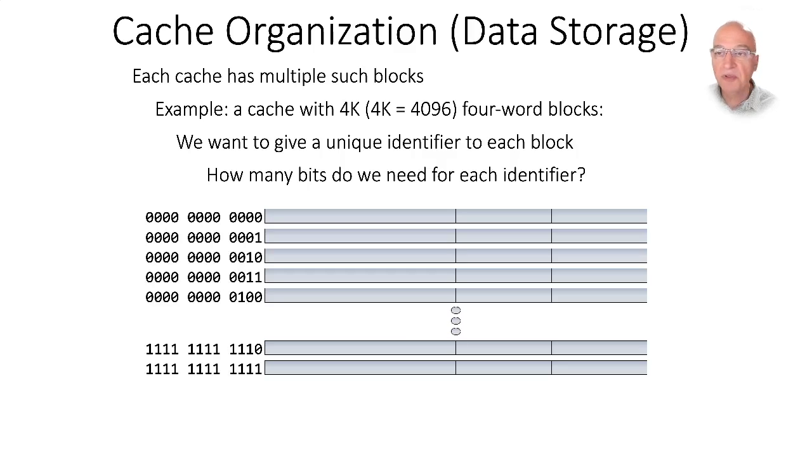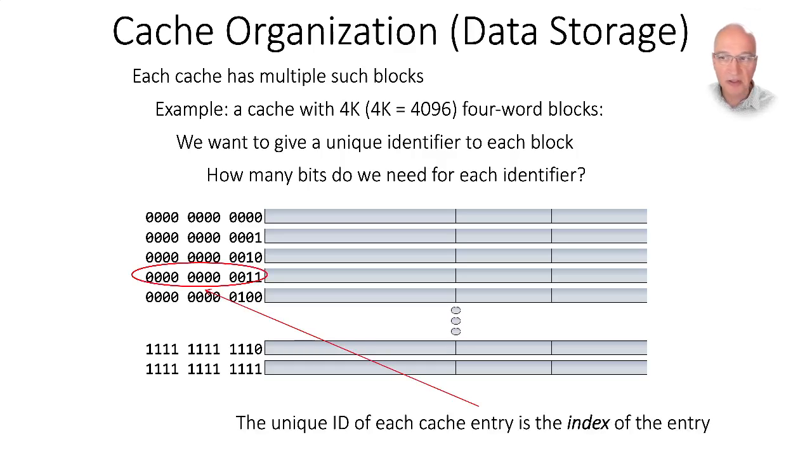The second one will be 000000000001, all the way to the last one that will be all ones. So I simply number the blocks from 0 to the maximum, and what I need to know is how many bits I need to identify each one of those blocks.